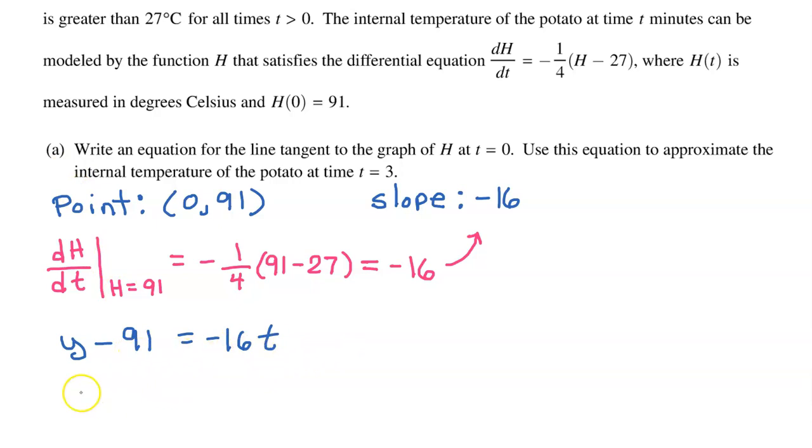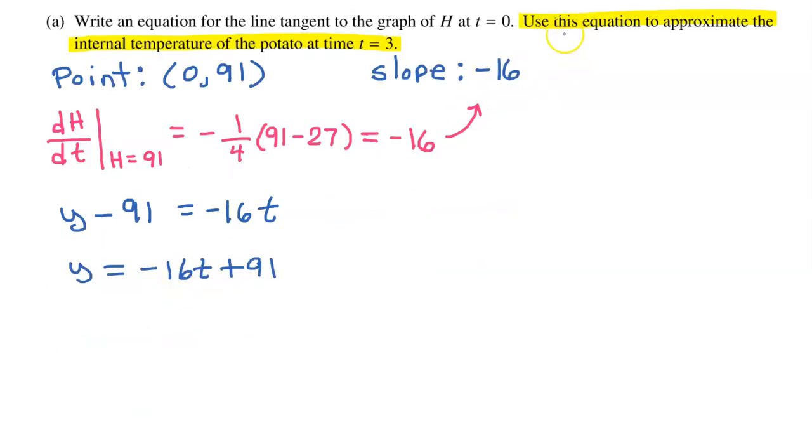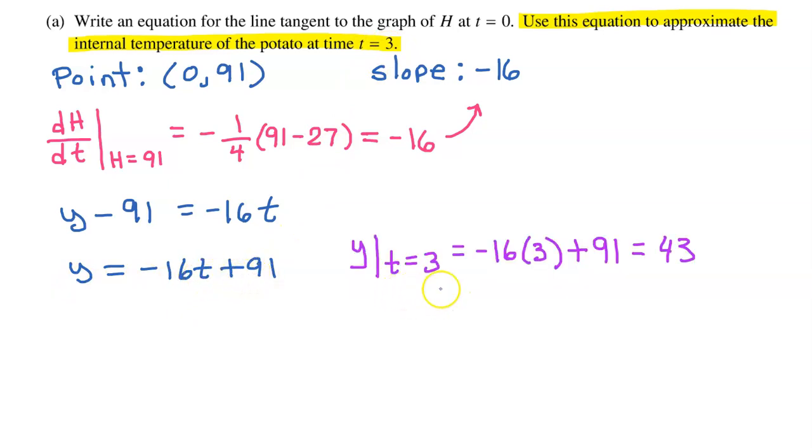Adding 91 to both sides, the equation of the tangent line becomes y equals negative 16t plus 91. We can now use this equation to approximate the internal temperature of the potato at time t equals 3. All we have to do is evaluate this equation at t equals 3. This turns out to be 43 degrees.